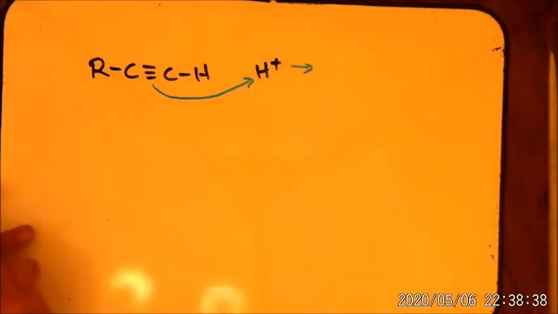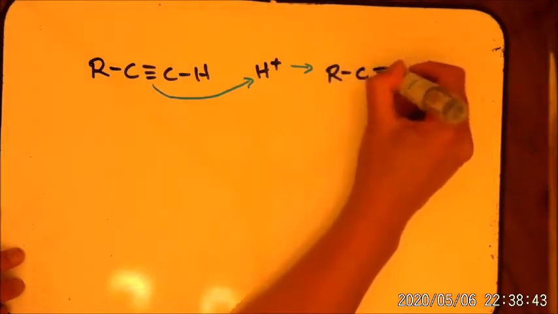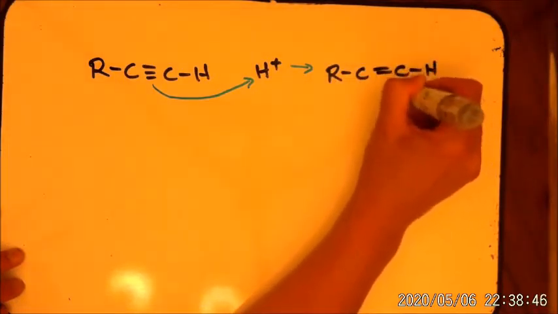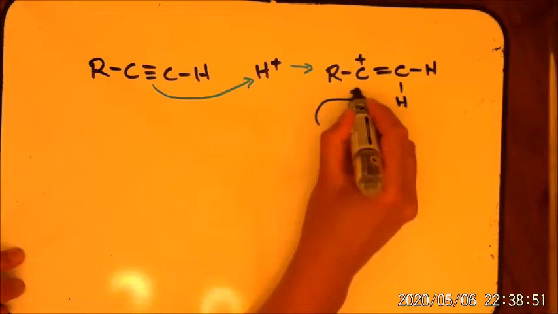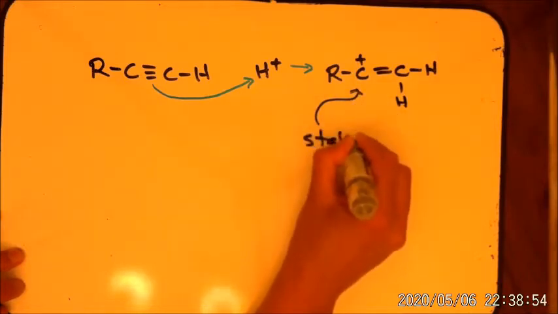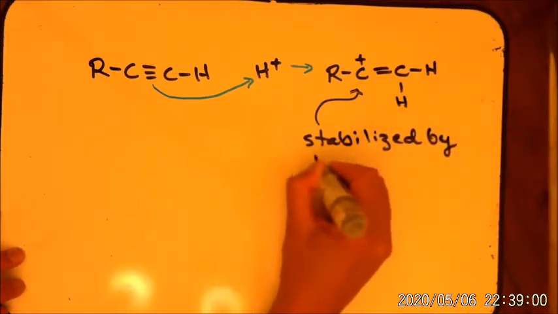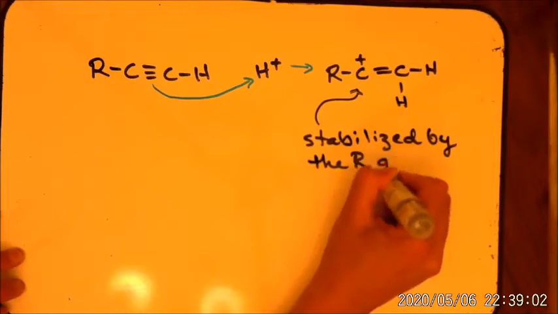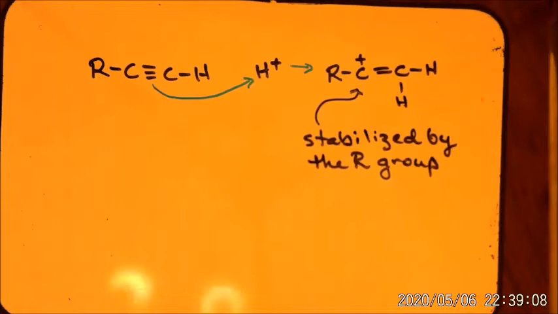What you're going to form is a vinyl cation, which is stabilized by your substitution, by the R group. Okay, and that's why you get the Markovnikov orientation. Okay? So, let's go through and do an example.